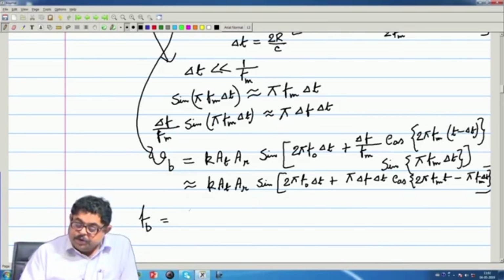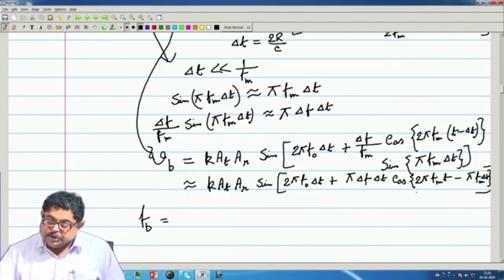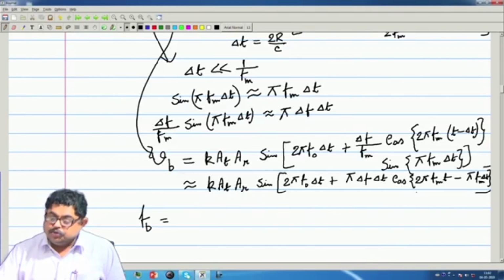f_b is, you see that only this term is time dependent, these are all invariant to time. So, they are going to the phase of the thing, only this term.